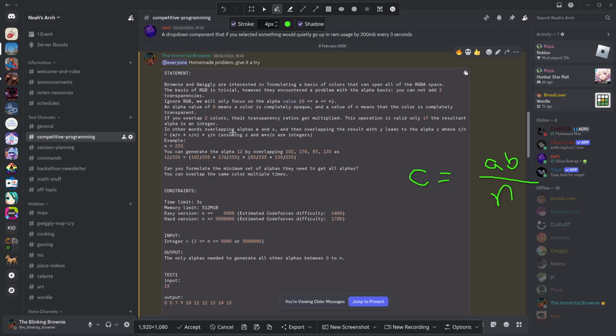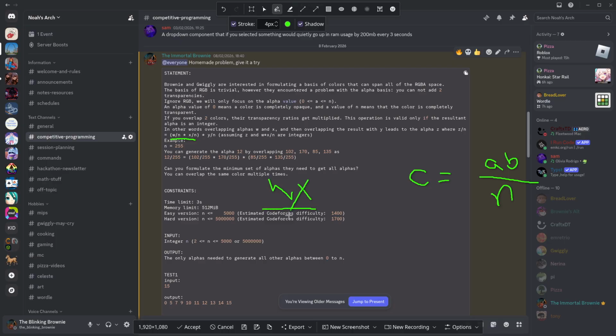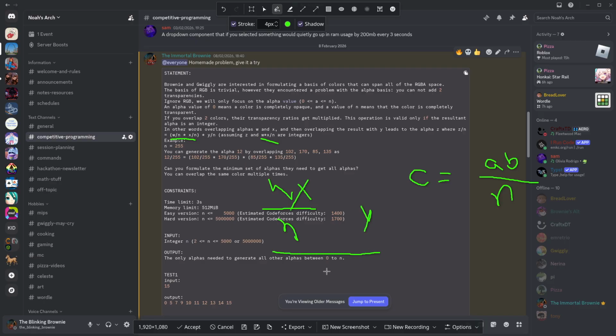So in other words, overlapping alphas w and x, and then overlapping the result with y leads to the alpha z, where z over n equals w times x over n times y over n, assuming z and w times x over n are integers. So first you're combining w and x to get wx over n, which must be an integer, and then you're combining this with y to get wx over n times y over n, and this equals z.